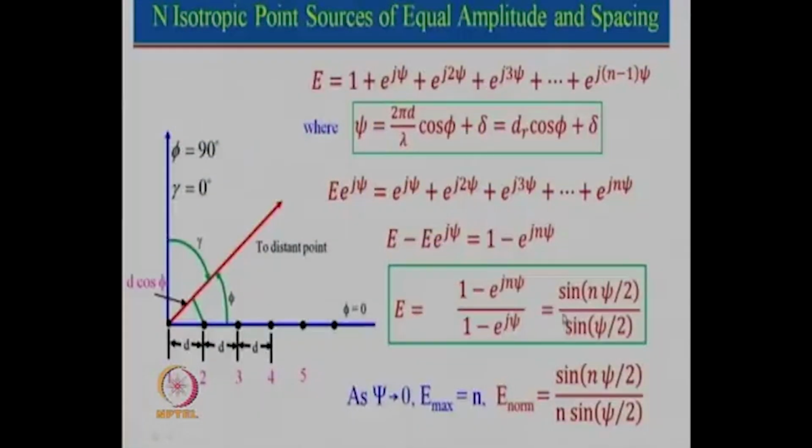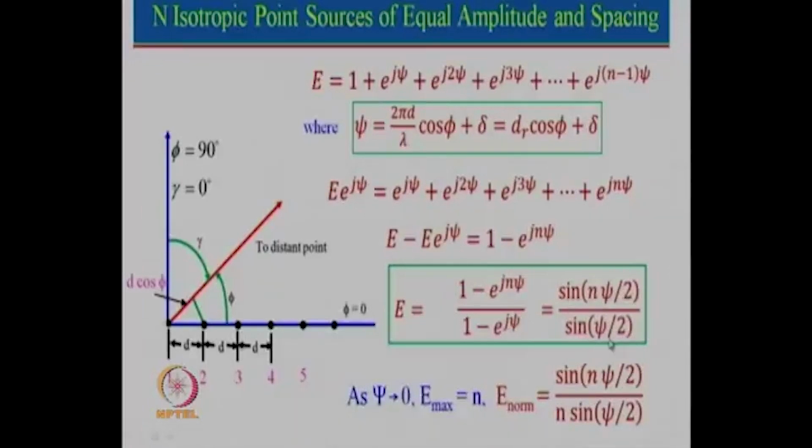a linear array, the array factor is given by sin n psi by 2 divided by sin psi by 2, and the maximum value of this can be obtained when psi tends towards 0. So when psi tends towards 0, sin n psi by 2 will be approximately equal to n psi by 2, as we know that sin x is approximately equal to x, and the denominator sin psi by 2 also becomes psi by 2.